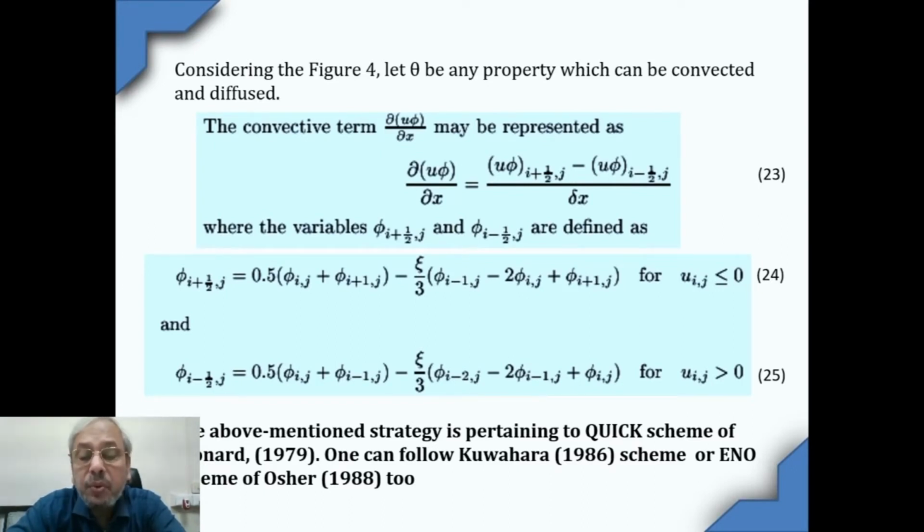Again, I have given two more examples, like Kohara scheme, which was developed in 1986, and INO scheme. INO stands for essentially non-oscillatory scheme of Professor Stanley Osher. This is a very, very accurate scheme, used for even modeling free surface flows.